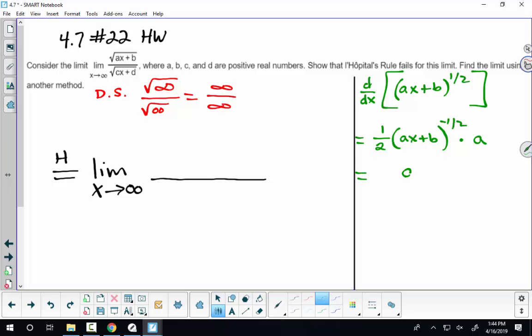So we've got a over 2 times the root of ax plus b as the derivative of the numerator. So then what would the derivative of the denominator be? c over 2 root of the expression. Yeah, great.